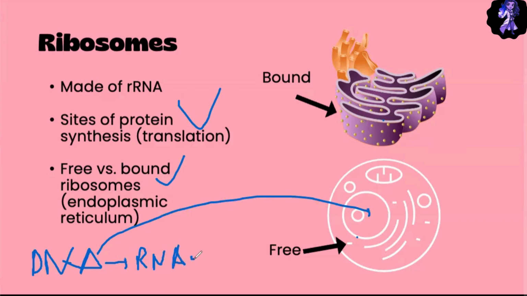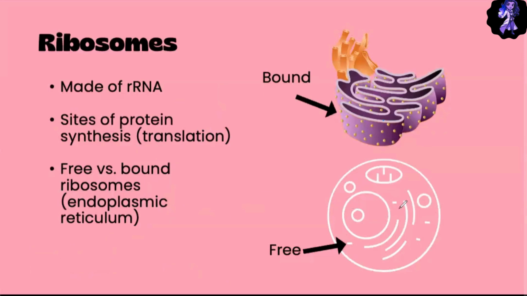And the process goes from inside the nucleus to outside, eventually becoming protein. That process is called translation. So for now, all you need to know is that ribosomes assist in protein synthesis, and they're made up of what's called rRNA. You can think ribosomal RNA. That's what the R stands for.